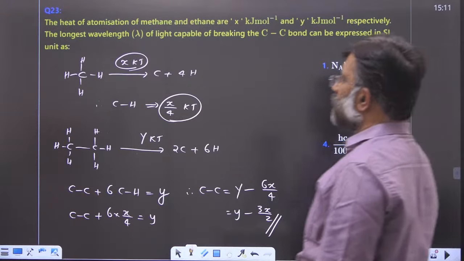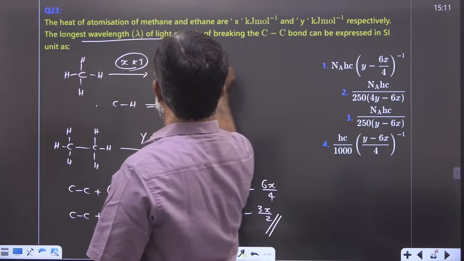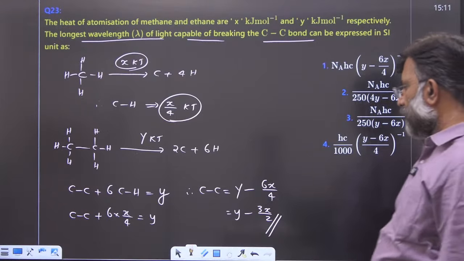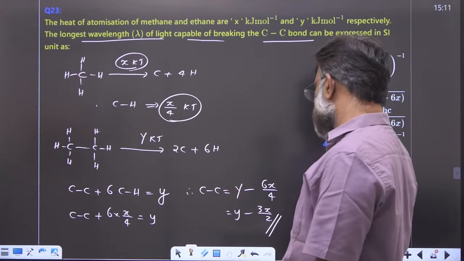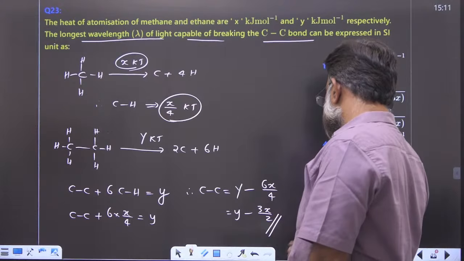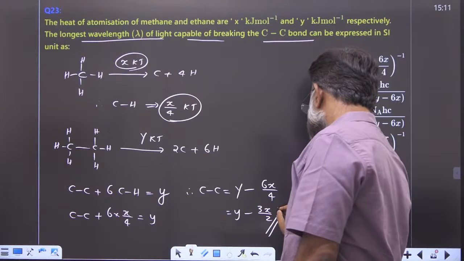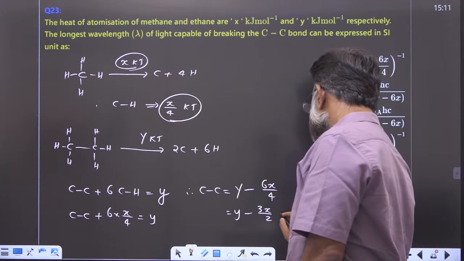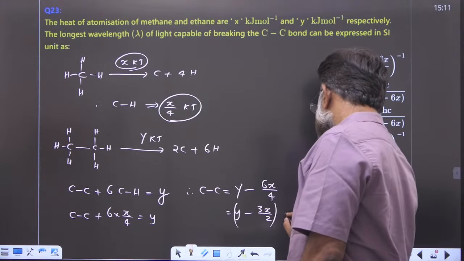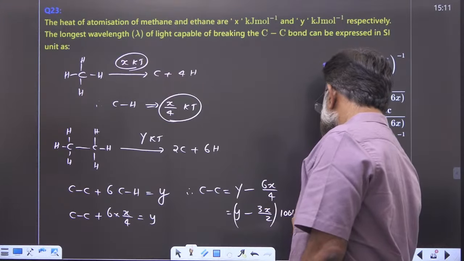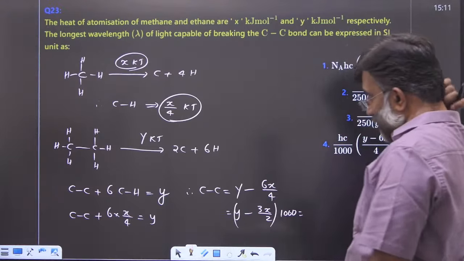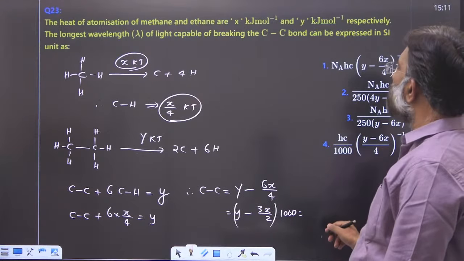And our question is the longest wavelength of light capable of breaking the CC bond, which means the question is about this energy. And this is in kilojoules. Let us convert into joules, into 1000, per mole.